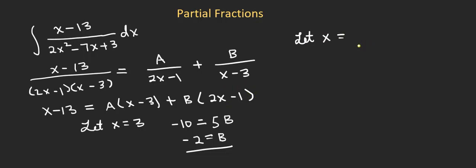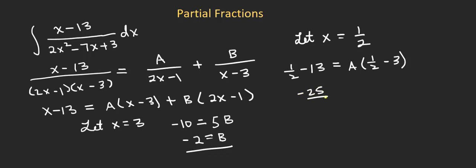That's when x equals 1/2. So you get 1/2 minus 13 is a times 1/2 minus 3 plus 0. So you end up getting negative 25 over 2 is a times negative 5 over 2.